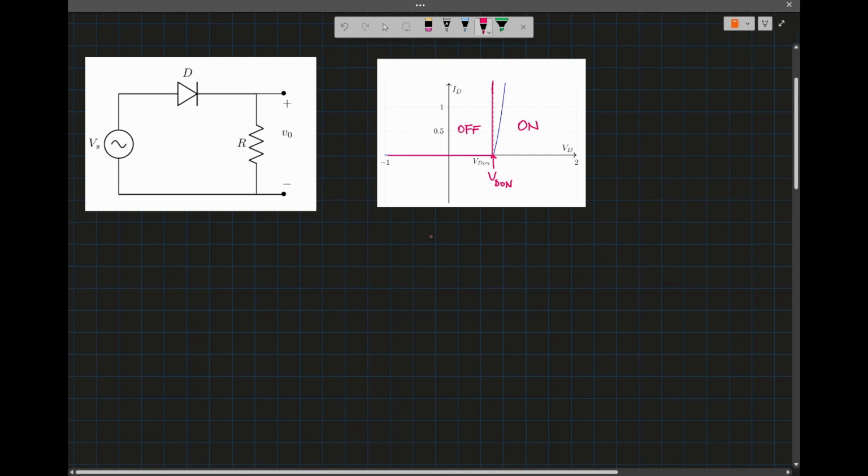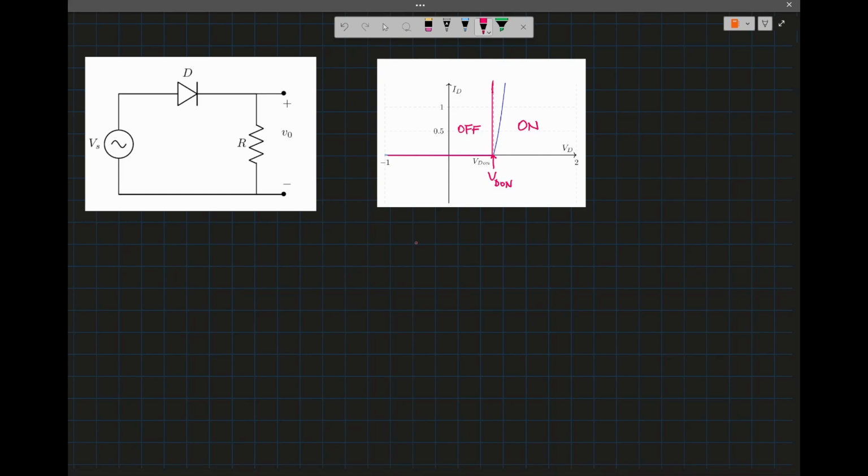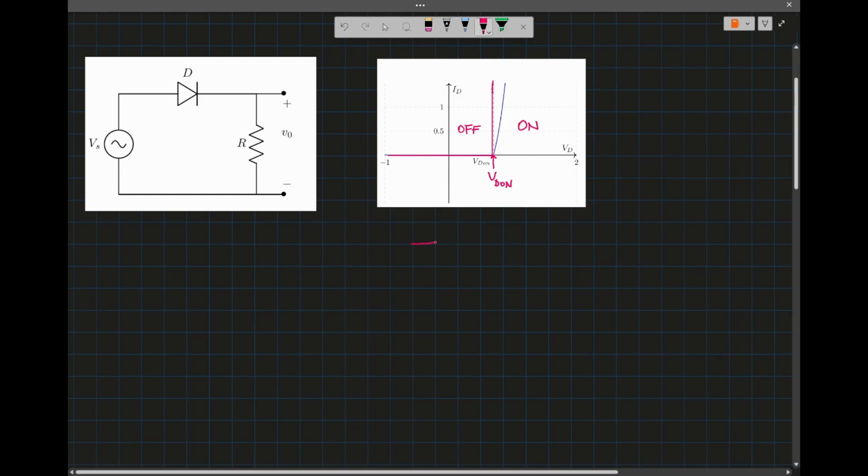Now, in this case, let me sketch the diode here. So the current is ID. The voltage across that diode will be VD on, and when the diode conducts, as you can see from the characteristic, ID will be positive.